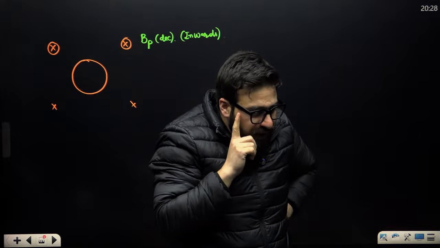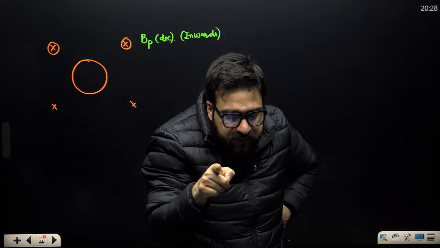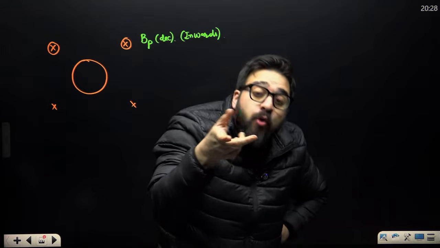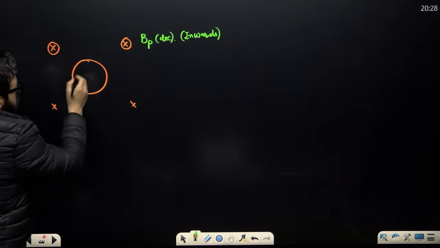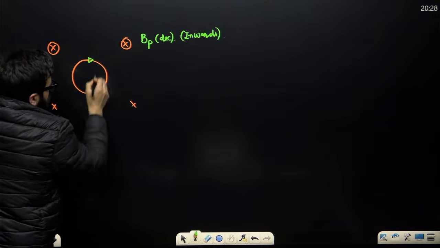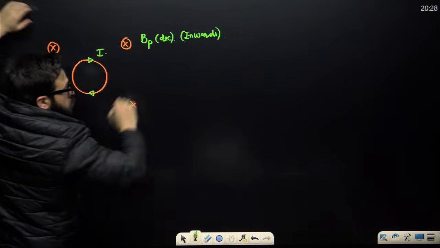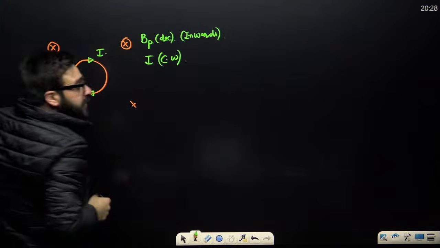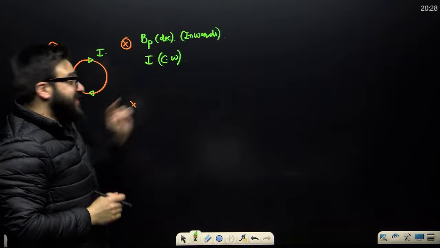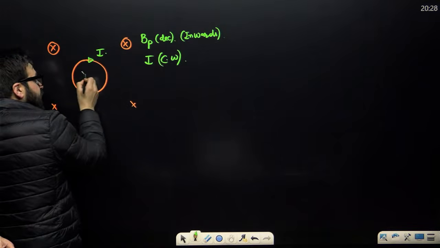Sir, make the direction of the current in such a way so that it supports the primary magnetic field, so that it supports the decreasing magnetic field. So I'll make it in this direction, clockwise again. So I say current has to be clockwise in this particular case. Why? Because then only it should create the secondary magnetic field.